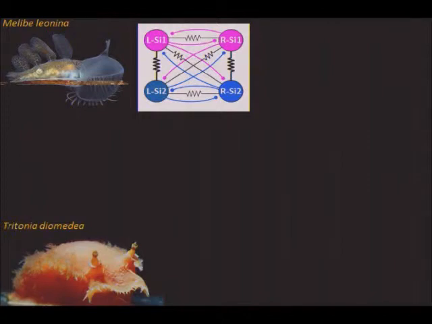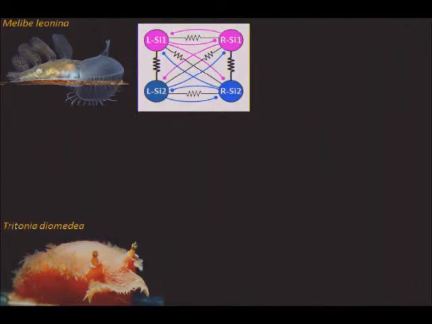For swimming in Melibe. So there's a single neuron called swim interneuron 1 on the left side and on the right side. And there's another single neuron called swim interneuron 2 on the left side and the right side. The lines with circles represent inhibitory synapses, and the resistor symbols represent electrical coupling.